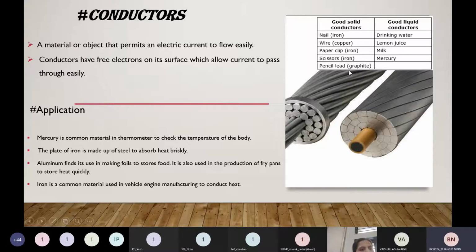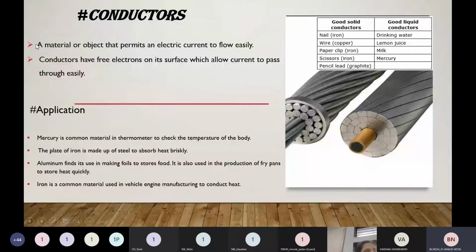On the top here there are some good solid conductors like nail, wire, paper clip, scissors and pencil lids, and some liquid conductors such as drinking water, lemon juice, milk and mercury. We also know the applications of conductors in house electrical wiring and transmission lines.